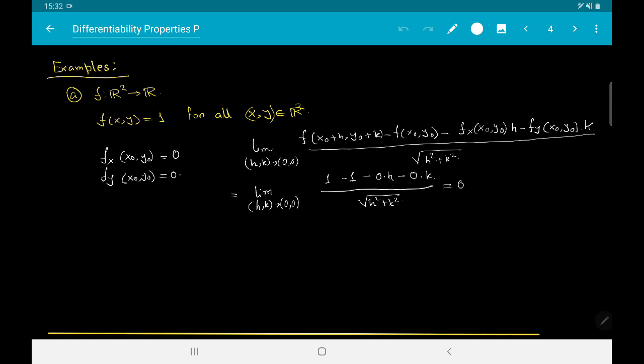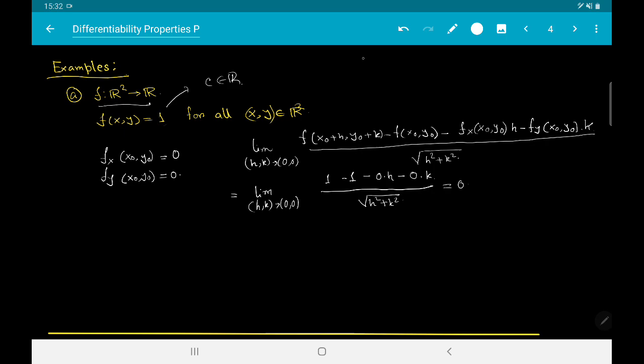So let us first consider an example. f of xy is a continuous function. f is a function defined on the whole of the two-dimensional Euclidean plane over R, and I have defined f of xy to be equal to 1. You can replace this 1 by any real number c, and it will not change much. We are going to check differentiability of this function at every possible point.